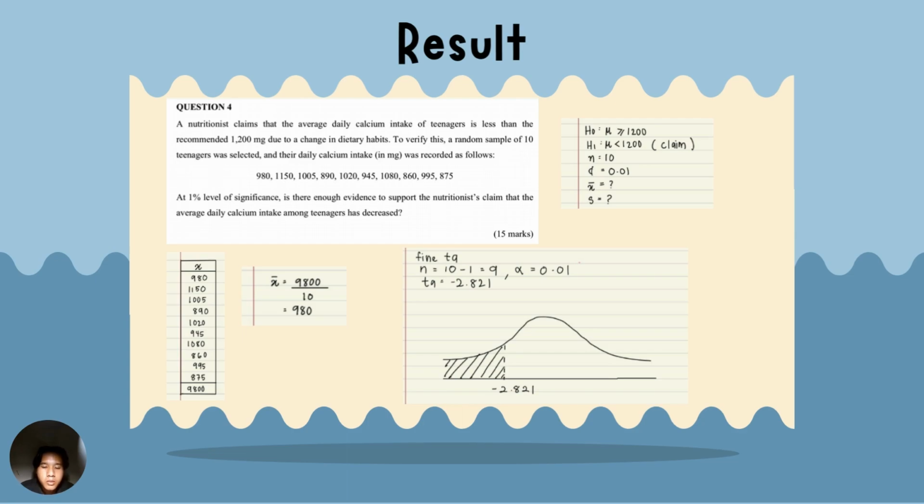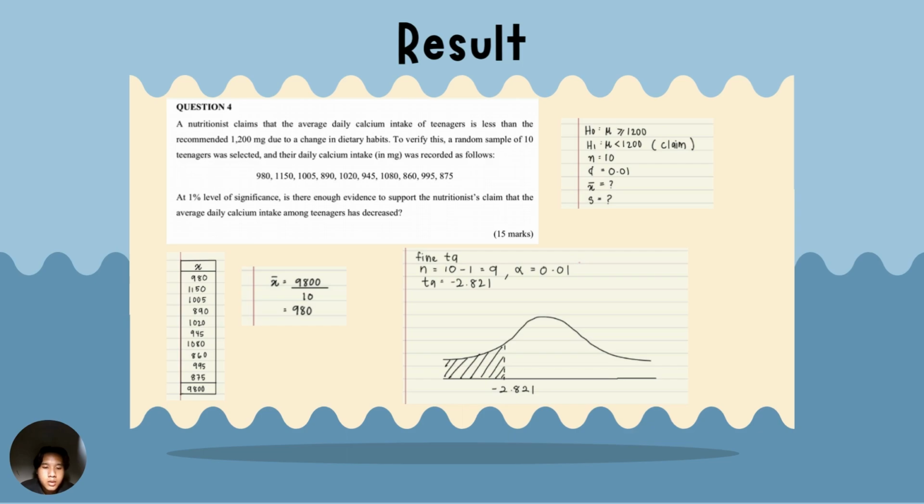So we will find x bar and standard deviation. First, we total up all the x, so we got 9,800, and then we find the x bar by dividing the total of x by n. We got 980.